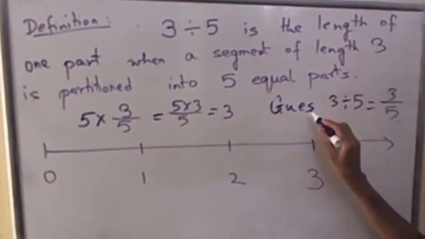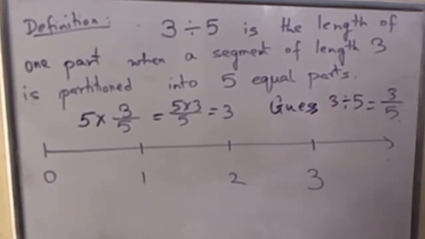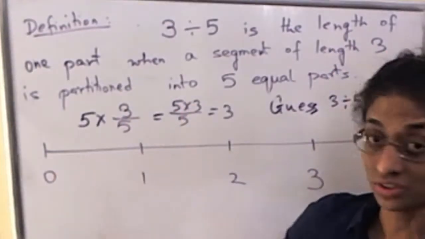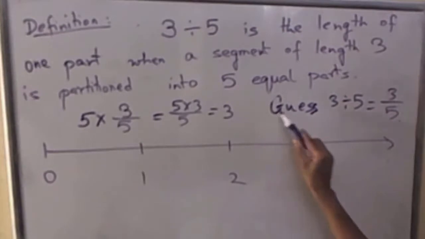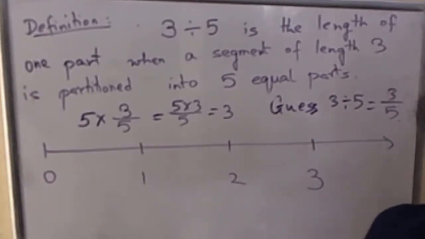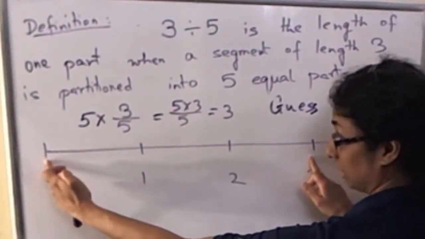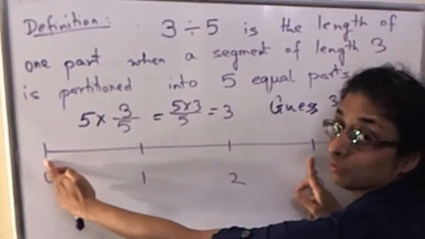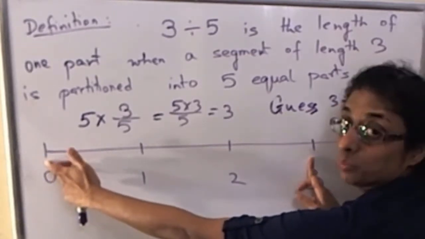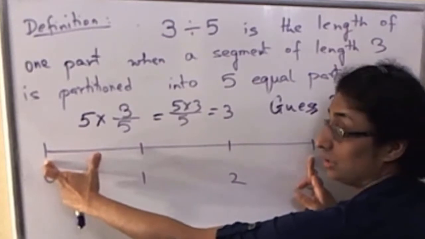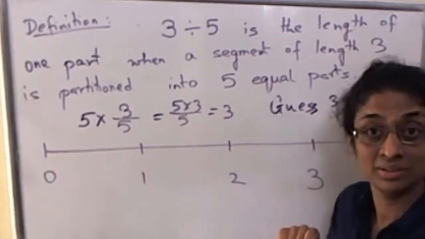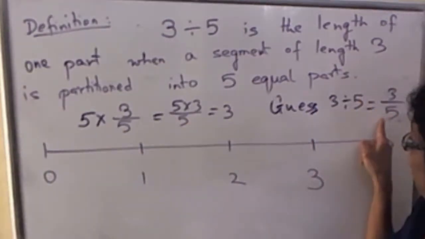So this might be your guesswork, and you're correct. 3 divided by 5 is exactly 3 over 5. In other words, the length of one such part is 3 over 5. So instead of this guesswork, let's also go ahead and do a direct computation, where we actually cut up this segment of length 3 into 5 equal parts, and let's make sure that the length of each part is in fact 3 over 5.